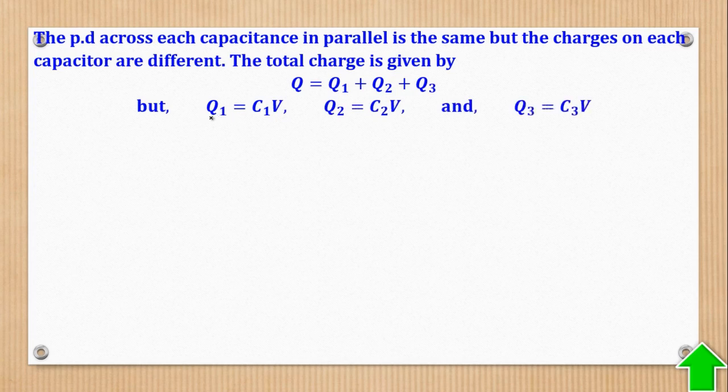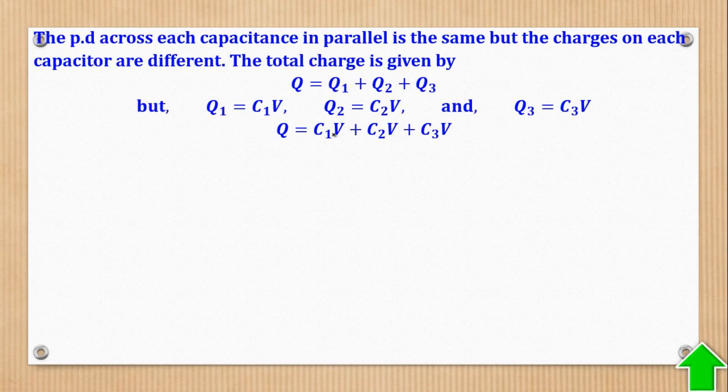But we know that Q is equal to CV, therefore Q1 is equal to C1 times V, Q2 is equal to C2 times V, and Q3 is equal to C3 times V. Therefore, I'll substitute for Q1, Q2, and Q3.